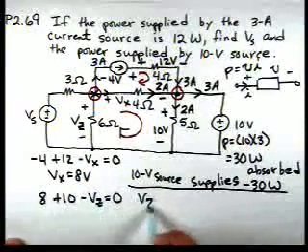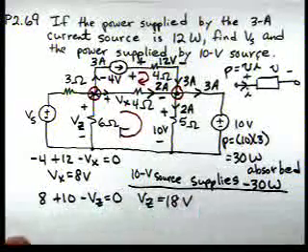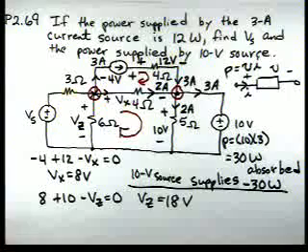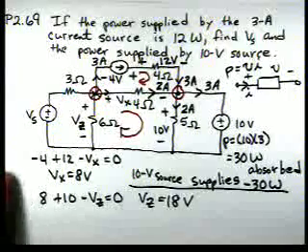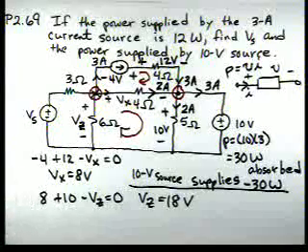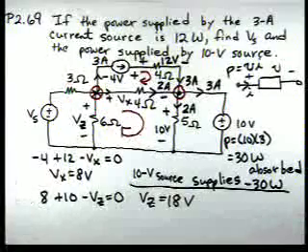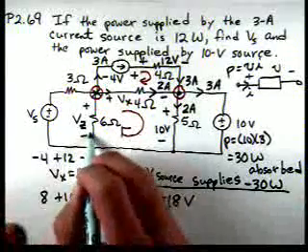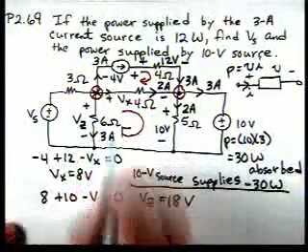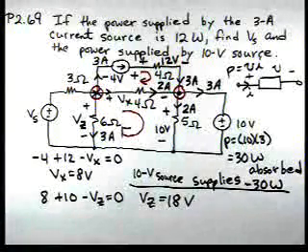Therefore, V sub Z must be 18 volts. Again, that's just an application of Kirchhoff's voltage law. Then from Ohm's law, that current has to be 3 amps in that direction.